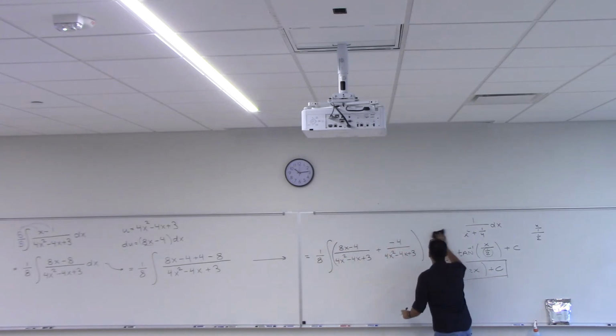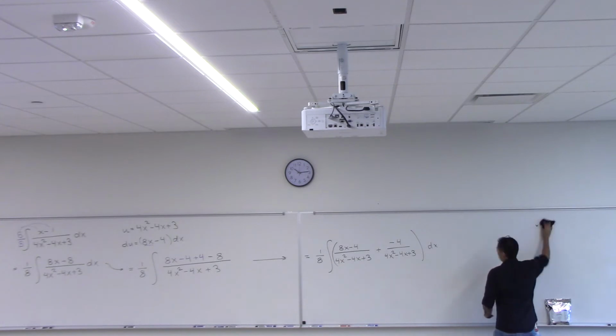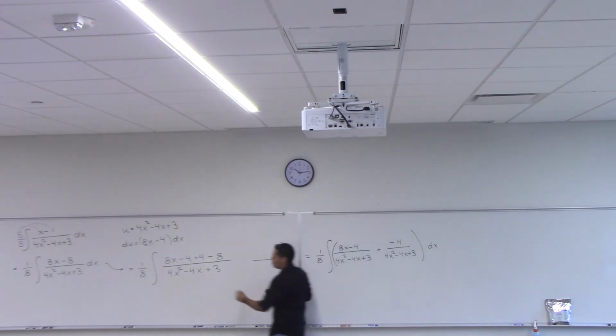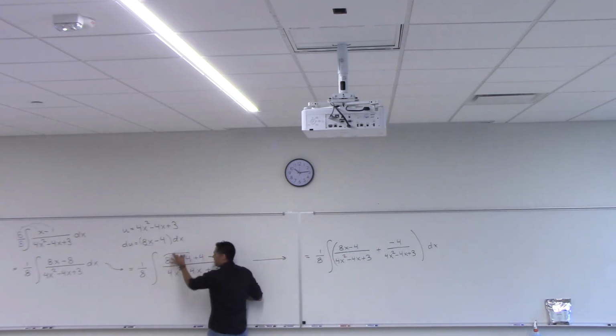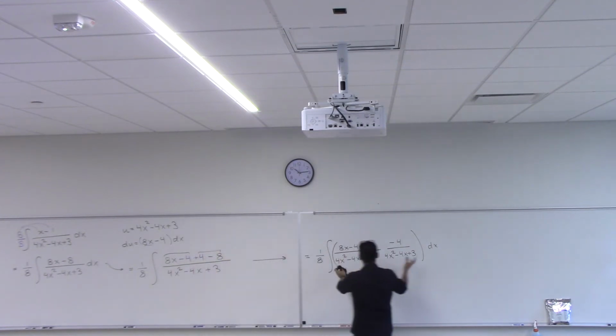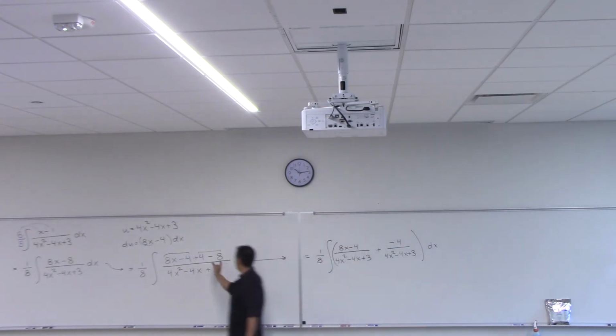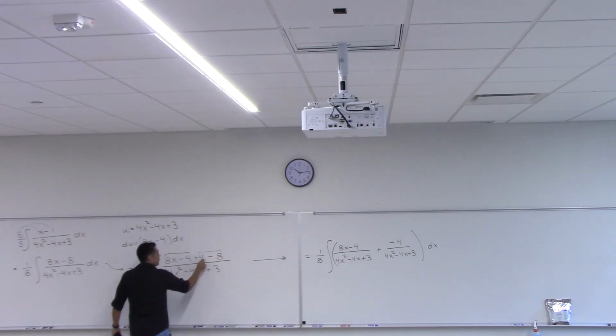Is that the same problem? Yeah, so what I've done is I've chosen to group these two together, right? And put that over this denominator, and then group those two together and put that over this denominator. So I've created two fractions, right? What happens to the minus 8 on the... Write these two together. Plus 4, take away 8, minus 4, and that's what I put over there.